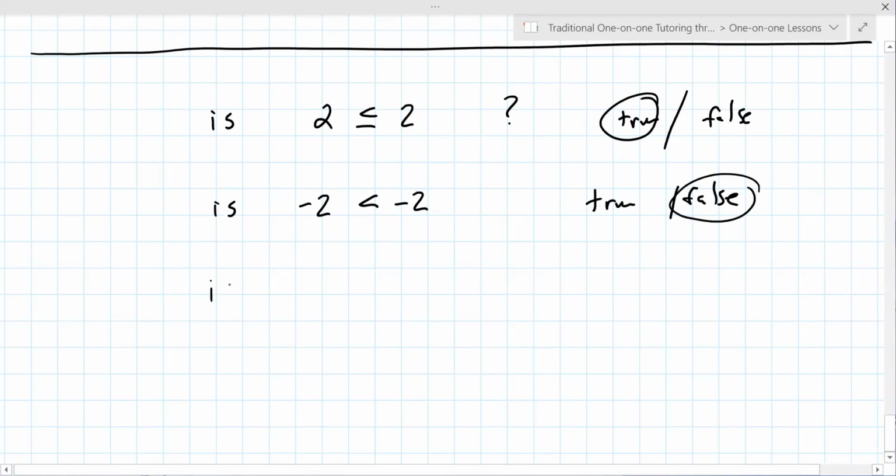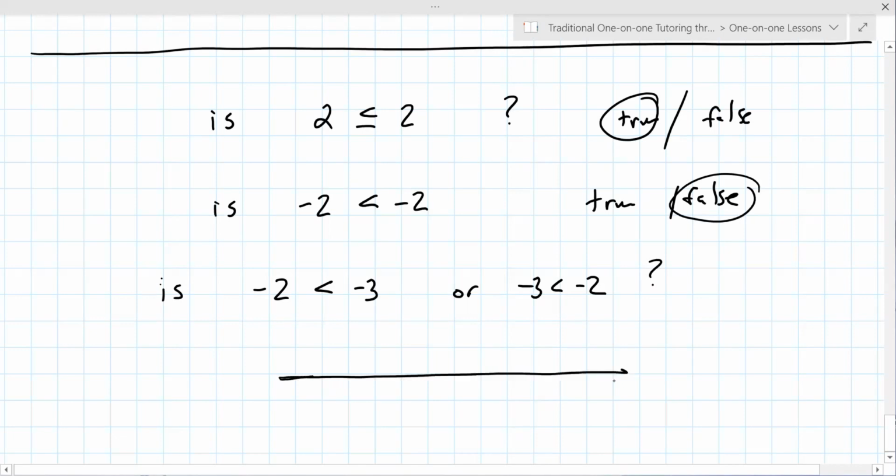Now this one is a little bit more challenging here. It's okay if you're not sure. We can go through it together. Is negative 2 less than negative 3, or negative 3 less than negative 2? Which one of these is true? The first one. So let's look at a number line here. Here's 0.